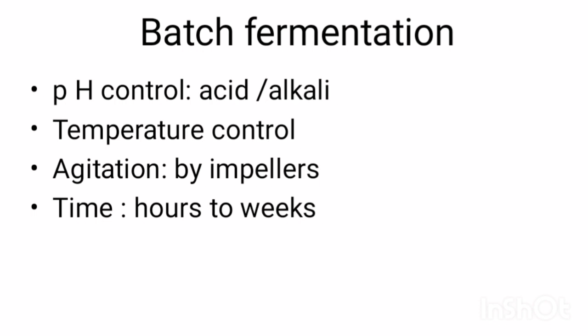Next, temperature control. It is by a water jacket around the vessel. This is supplemented by the use of internal coils to provide sufficient heat transfer surface. Third one, agitation. It consists of a strong and straight shaft to which impellers are fitted.